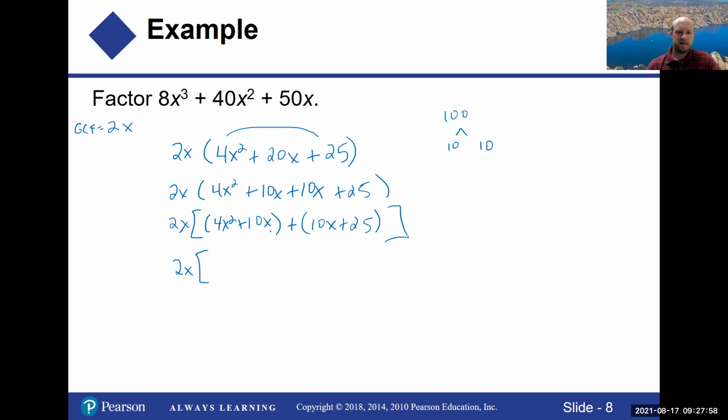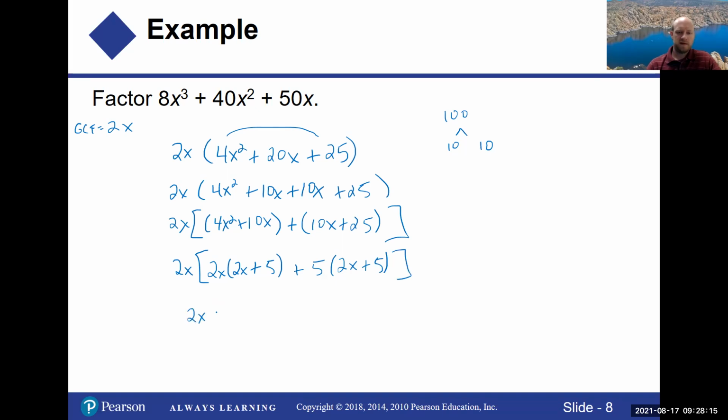So here on this one, 4x squared plus 10x, I can take out a 2x. So I'm left with 2x plus 5. And then this one, I can take out a 5. So I'm also left with 2x plus 5.